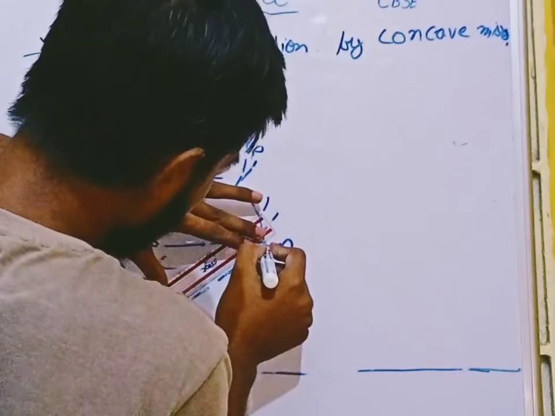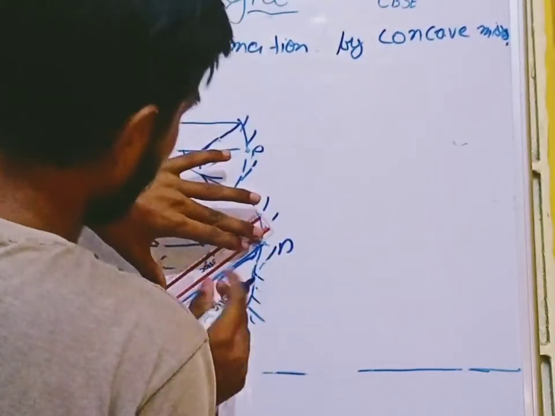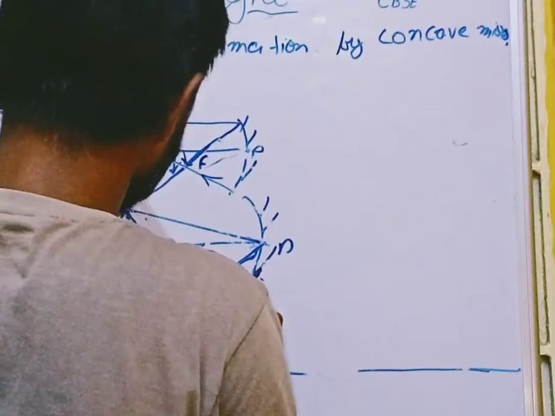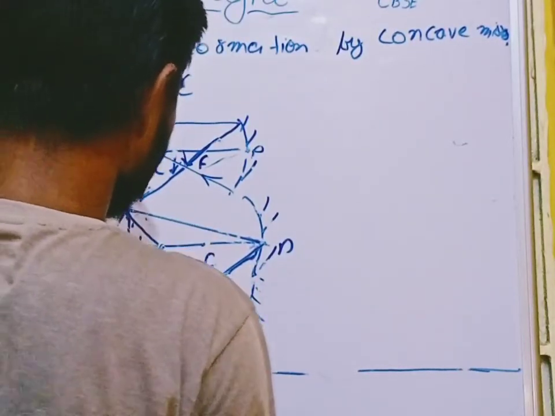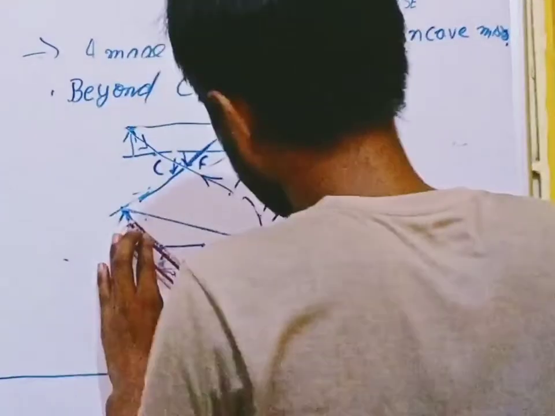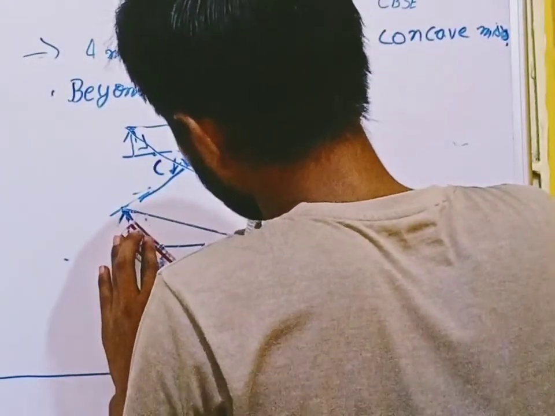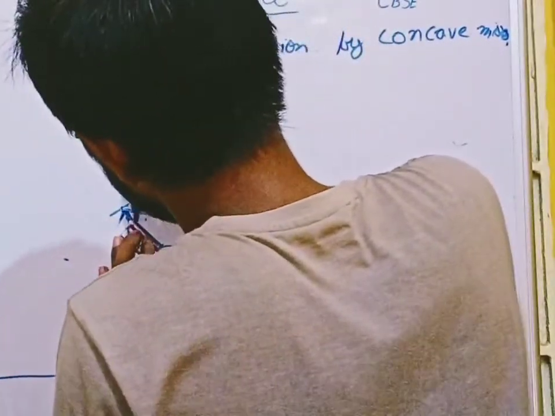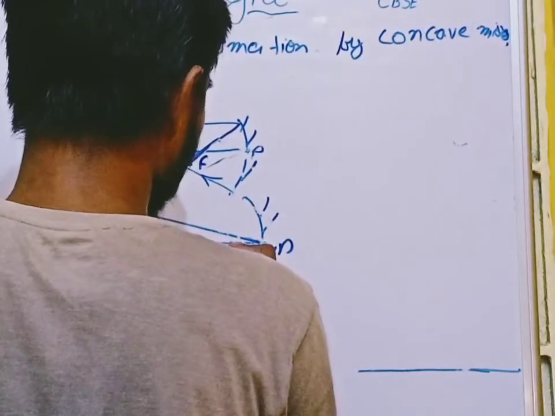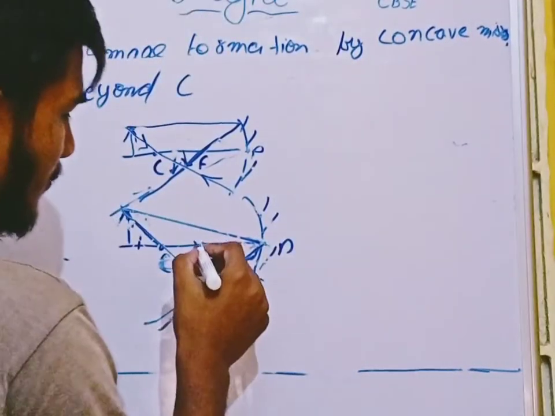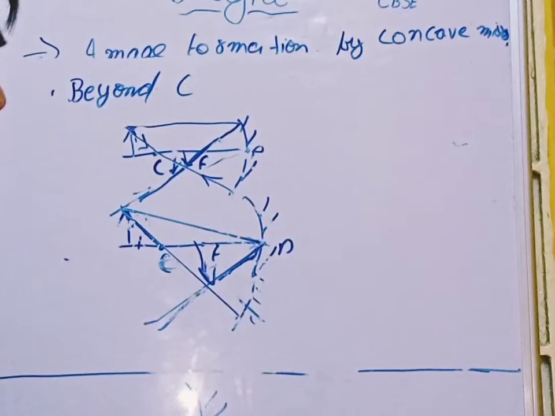Let us draw it by a scale. Pass it by center of curvature. Now you see something. So it is somehow right between C and F.